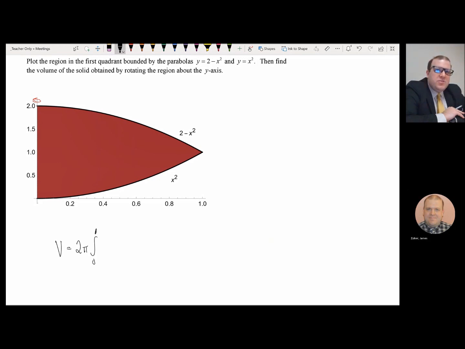But we're going to have a difference. Right? The first volume we have to find is with that height. Then the second volume we're going to have to find is with that height, and then take their difference.